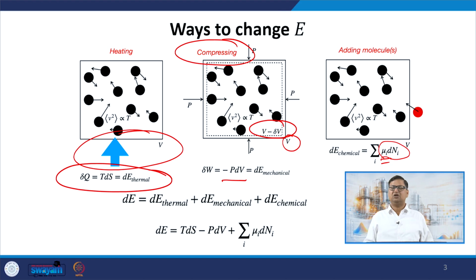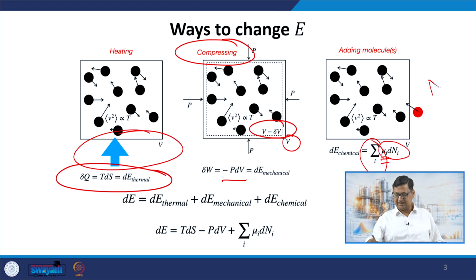Let us say I have a methanol ethanol mixture, I can either add molecules of methanol or I can add molecules of ethanol, or I can add some third species in the system, right. So, therefore, there is a summation over the components or species which I am adding, the chemical potential mu_i of species i, and the number of molecules of species i which I am adding, right.